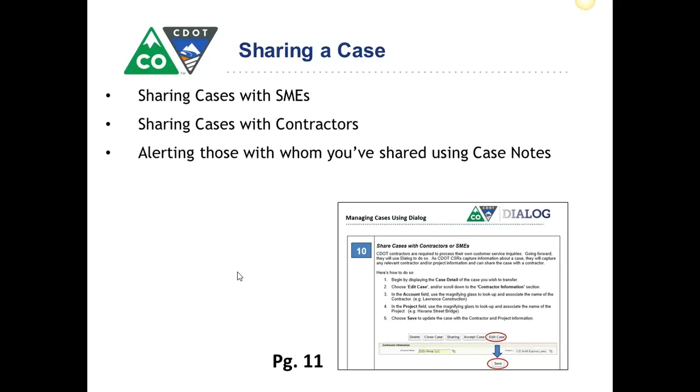And then we shared a case with a contractor because we had a case about cones all over the place in the express lane. And then we also talked about how you would use the case comments tab to alert those with whom you've shared the case using case notes and using the @ function.